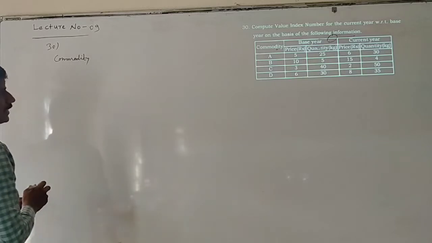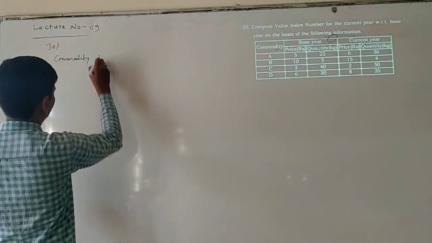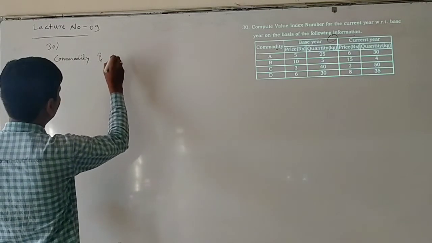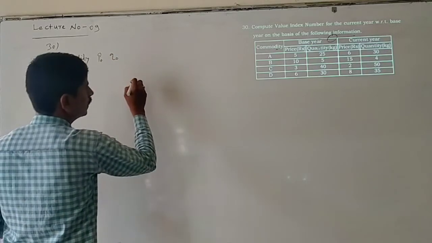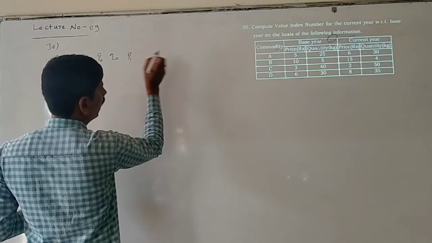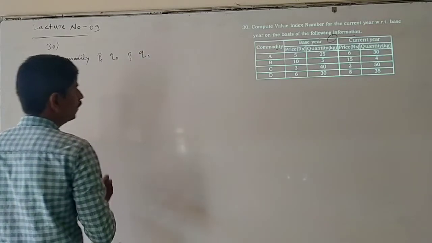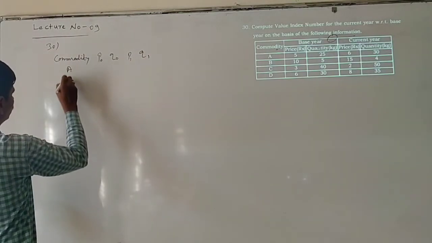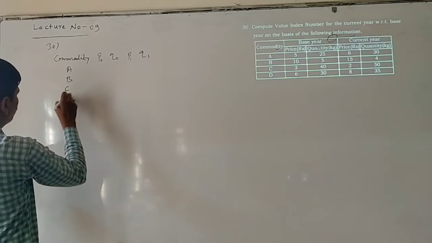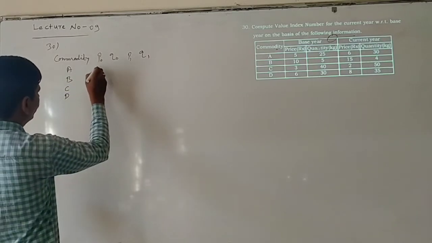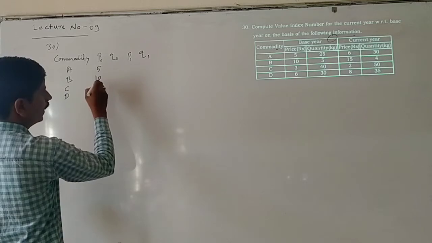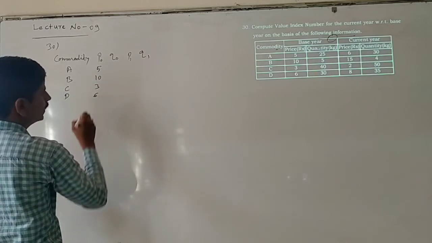Commodity. Here base year price is denoted by P0, base year quantity is Q0, current year price is P1 and current year quantity is Q1. Commodities are A, B, C, D. P0 values are 5, 10, 3, 6.